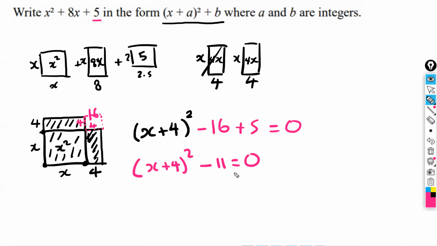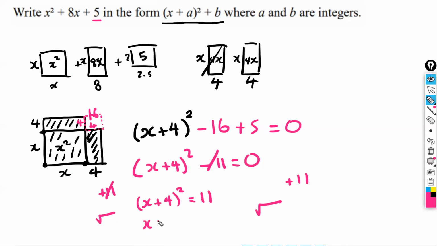Now, if you were asked to solve this, you would then do plus 11 on both sides. What we're going to be left with is these two 11s cancel out, and (x plus 4) squared is equal to 11. We need to take the square root of both sides to get rid of the index.